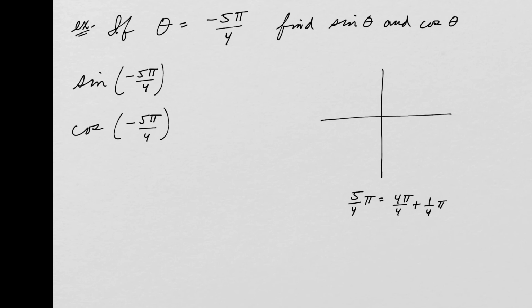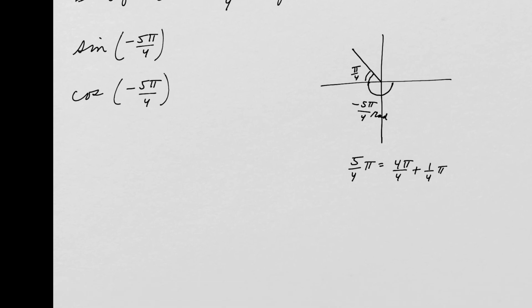So I'm going around halfway, that's pi, and then 1/4 of pi, which means I'm going to be in the second quadrant like this. So this would be negative 5 pi over 4 radians. And by reasoning through that, our reference angle here is just pi over 4. Okay, so these answers are going to be the same as sine of the reference angle, pi over 4, and cosine of pi over 4.